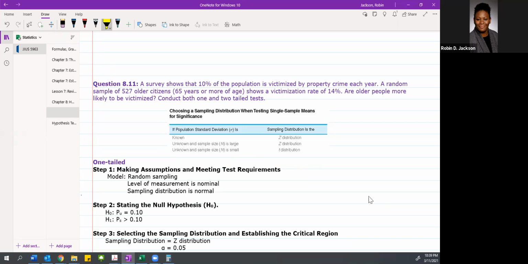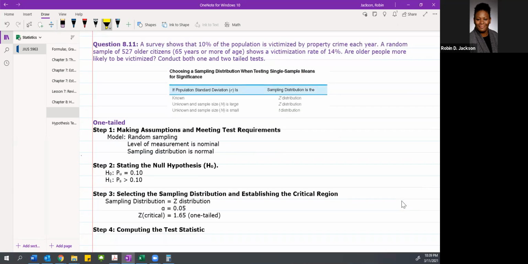If you remember correctly, with confidence intervals, you were given a formula with a number that was already set, and you used that number for every single confidence interval for a proportion. Well, that's not the case with hypothesis testing. You have proportions that are tied to that specific sample, question, or problem. So in this case, our population proportion is going to be 0.10.